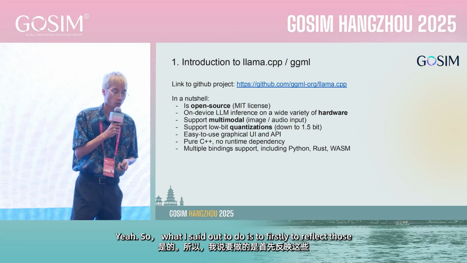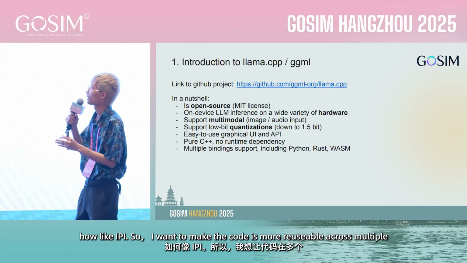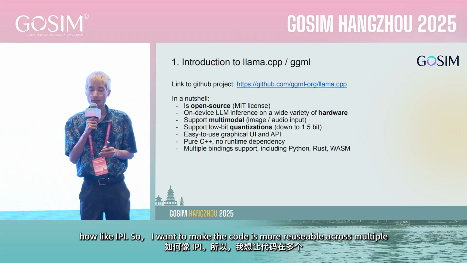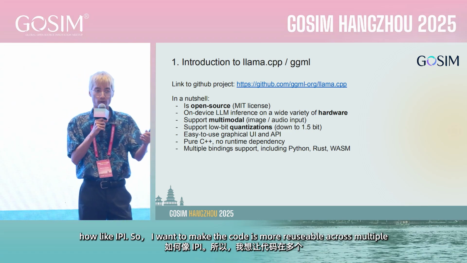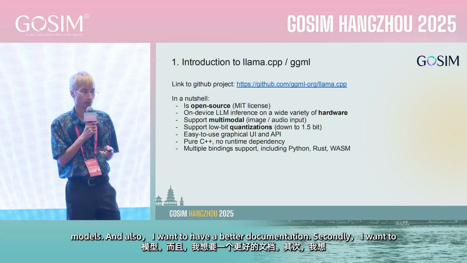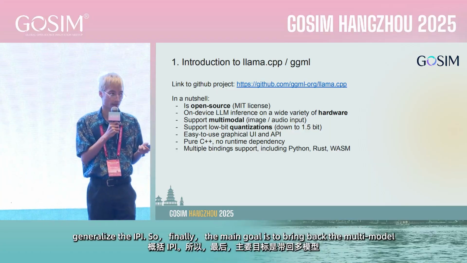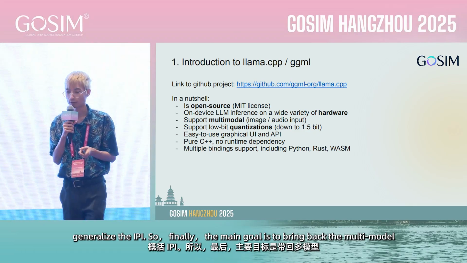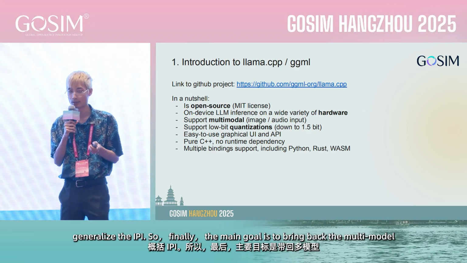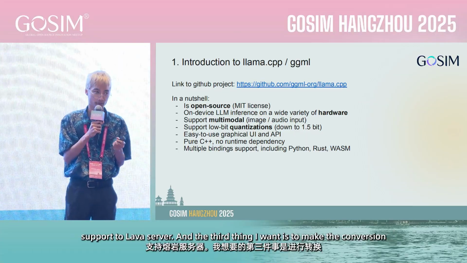So what I set out to do is, firstly, to refactor the whole API, so that the code is more reusable across multiple models, and also to have better documentation. Secondly, I want to generalize the API, so that the main goal is to bring back multimodal support to llama-server.